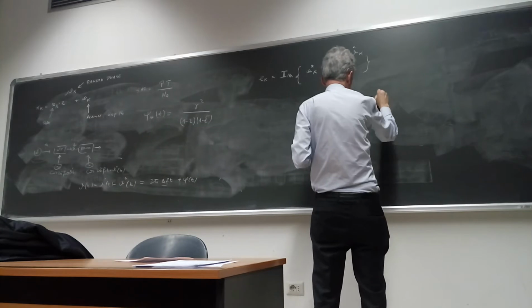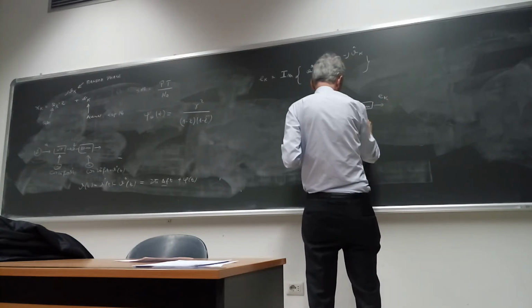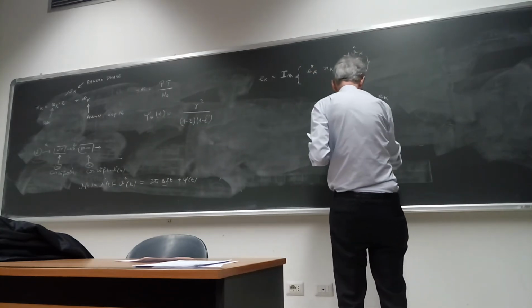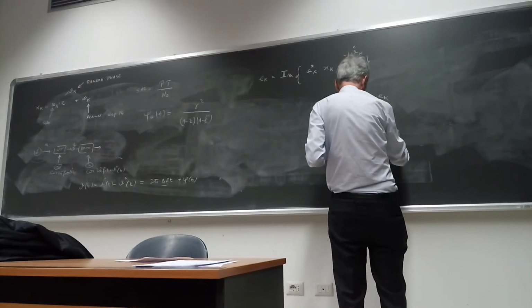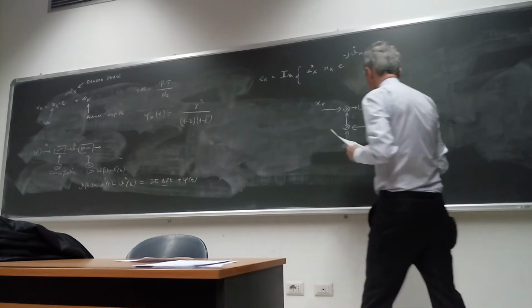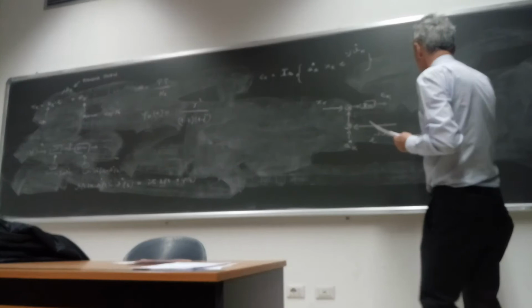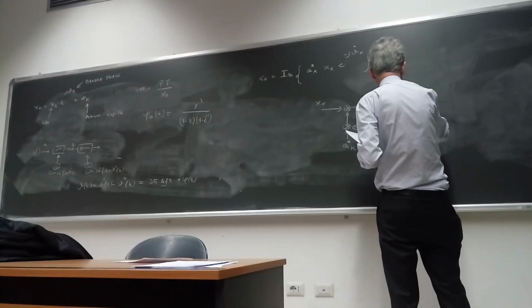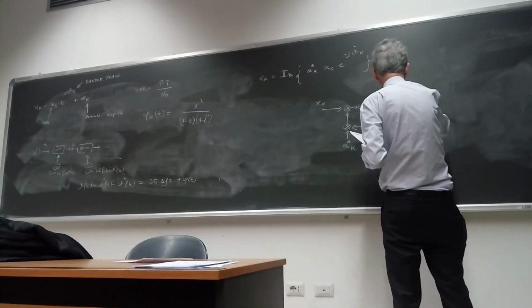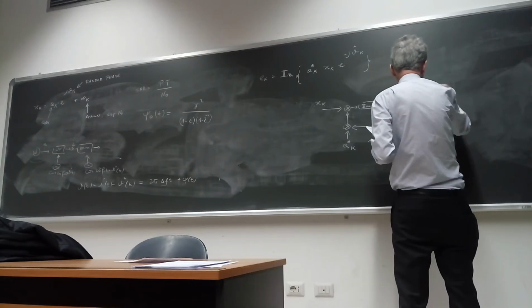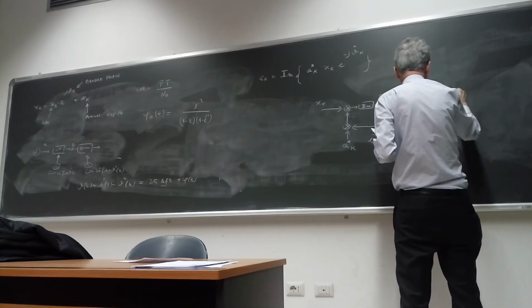Take the imaginary part, and this is the error, hat theta. Then loop filter, the low pass filter, and the NCO.